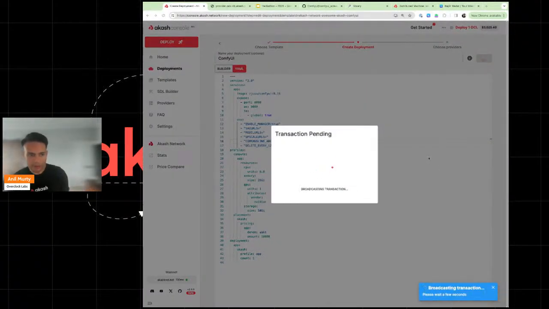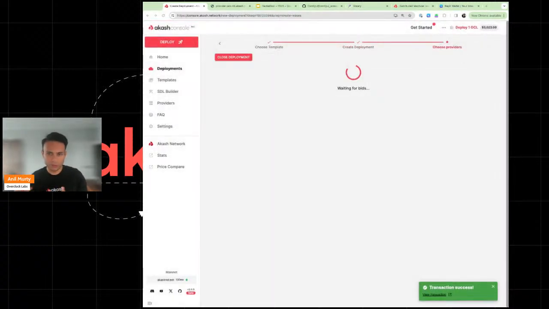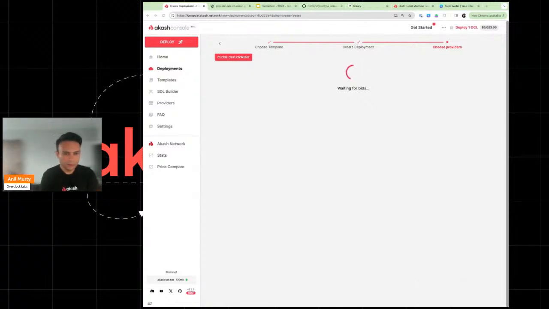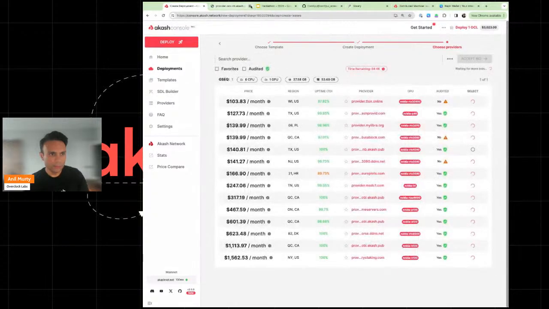And so what we should get back now is a bunch of bids again, this time for these resources. The number of bids we get might be different from what we got before because the resource requirements are different from what we had for the Ollama example. But we'll wait for that to come back. And then what you'll see is that the process of deploying this is exactly the same as the other one.